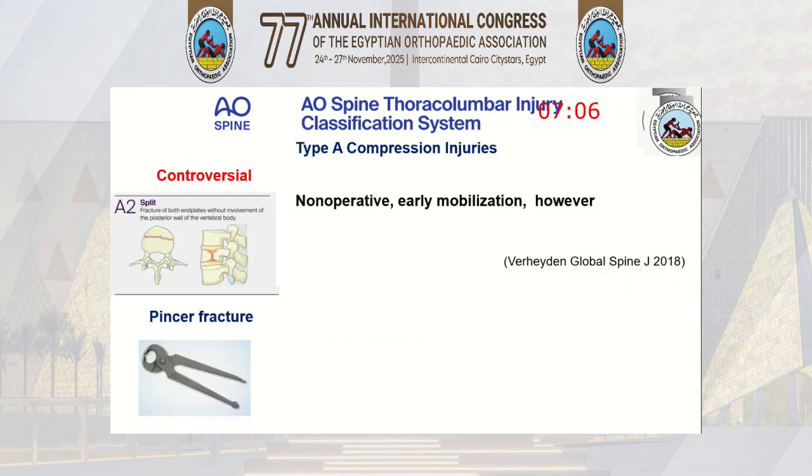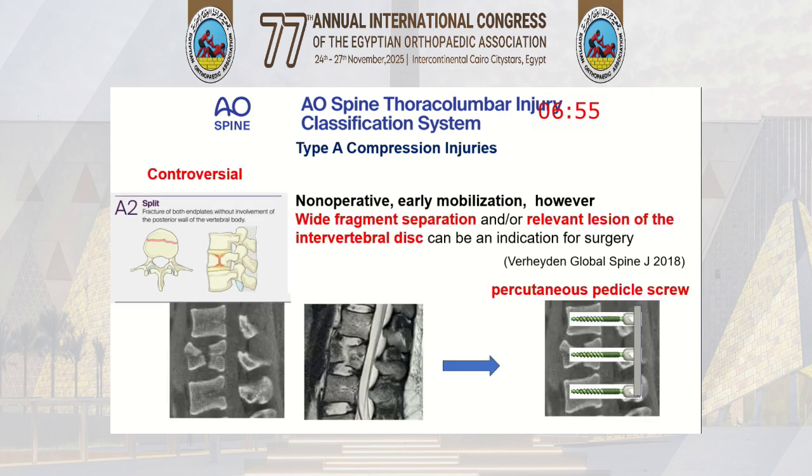A2, split fracture, also called pincer fracture. Usually, non-operative early mobilization is okay. However, with wide fragment separation and relevant region of intervertebral disc, sometimes the disc goes into the fracture site like this.